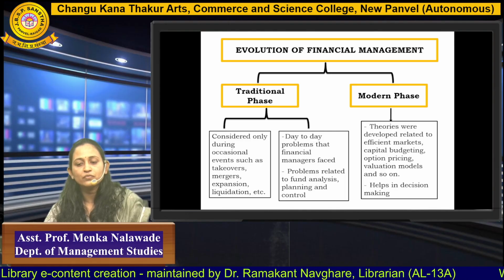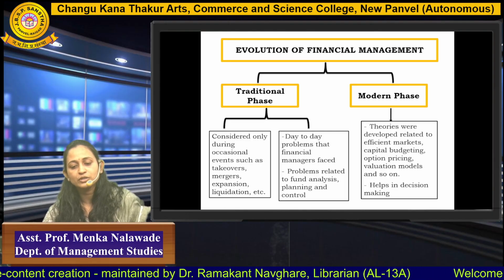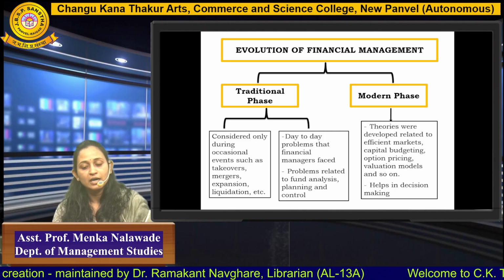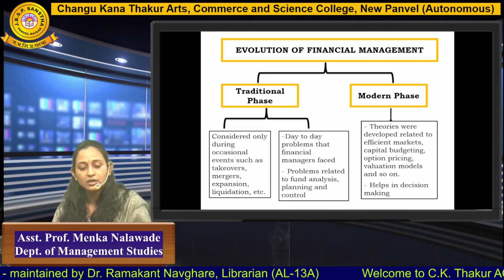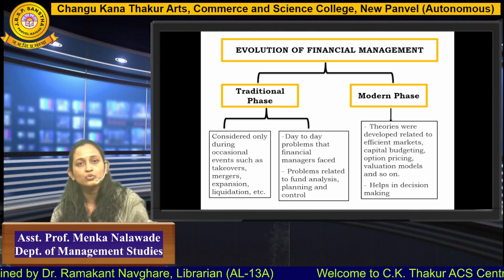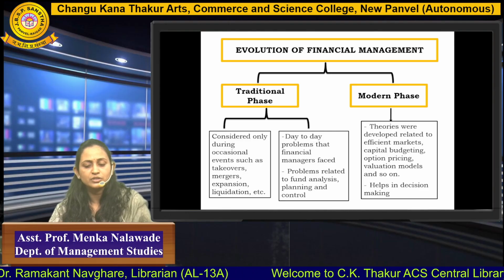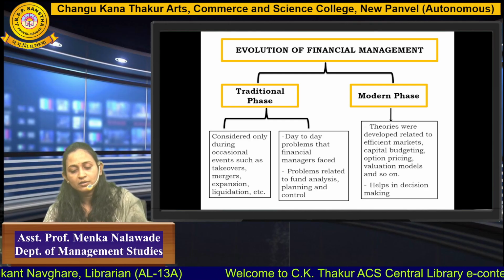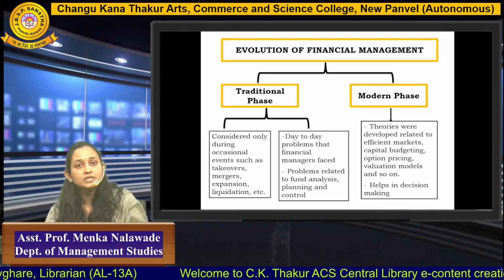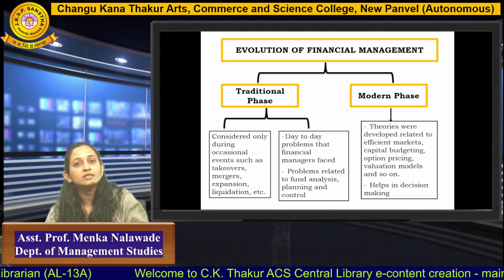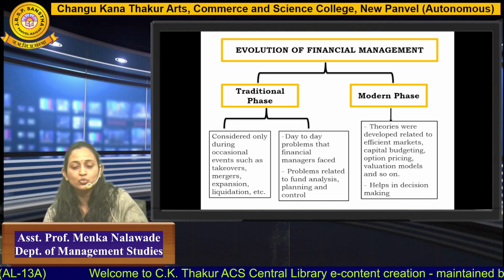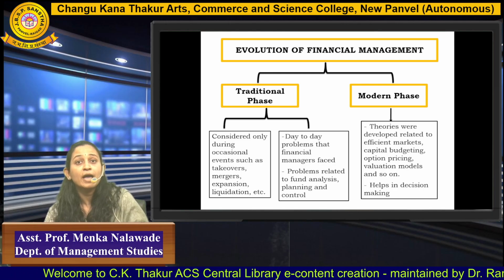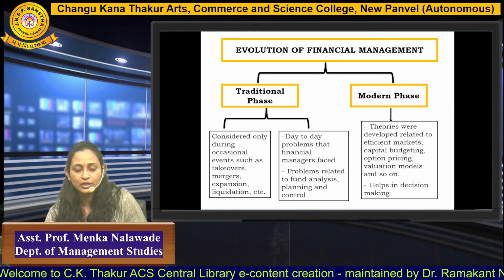Next is the evolution of financial management. As you can see, in the traditional phase, in the earlier days, people used to focus only on mergers and takeovers, but they never used to look at the problems faced by the managers who had to deal with financial management.